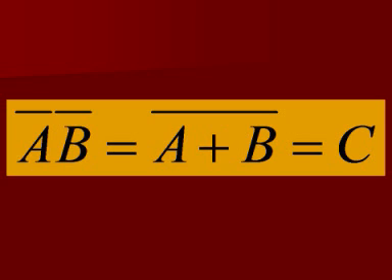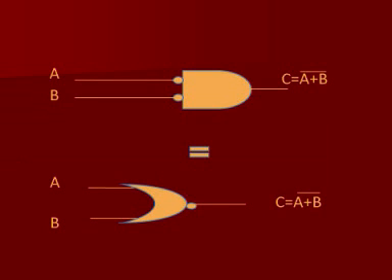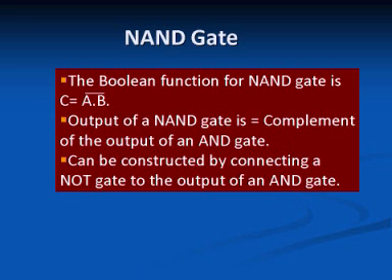Thus, an AND gate with NOT gate connected to each input makes into a NOR gate. This is usually denoted by putting two bubbles at the input end of an AND gate, where the bubble signifies the inversion of inputs. Let us now move to the next gate, that is NAND gate.